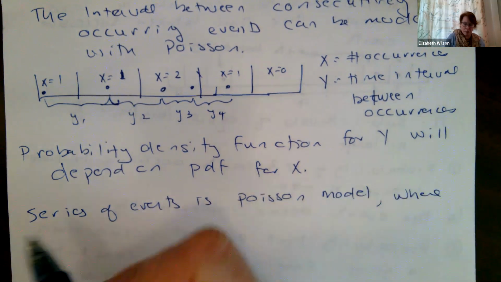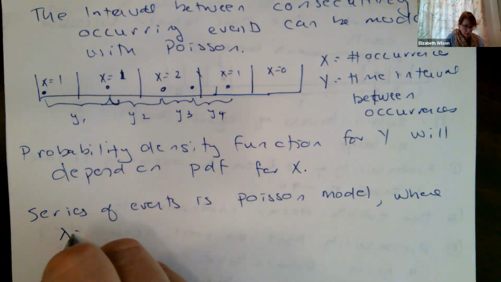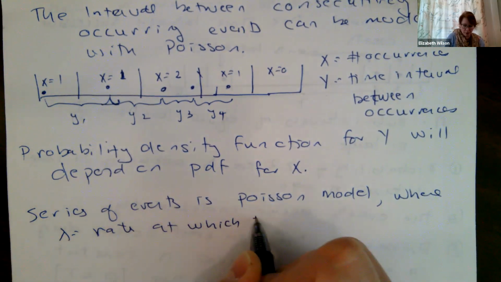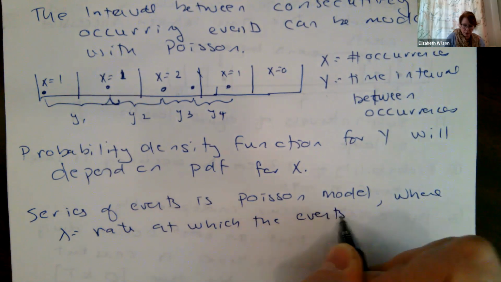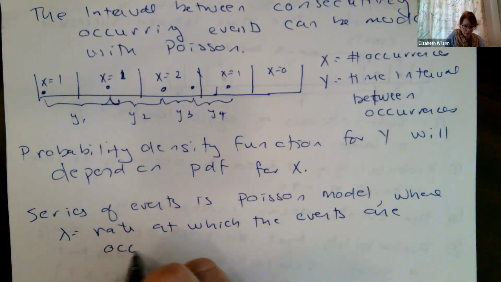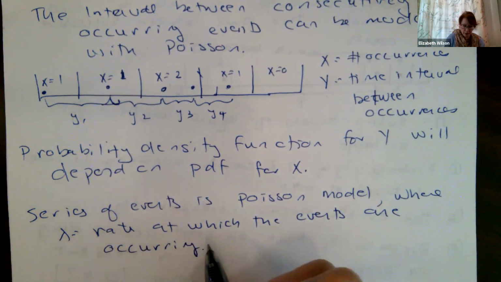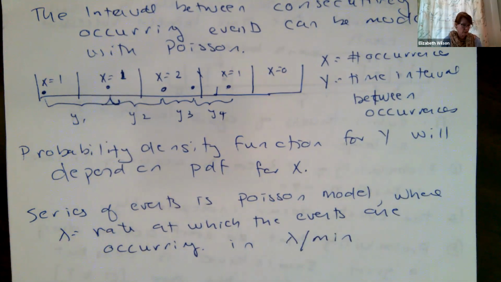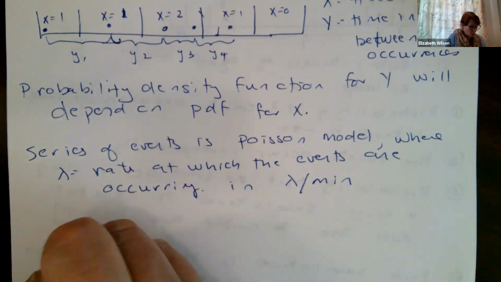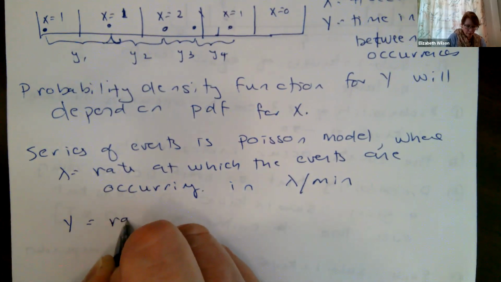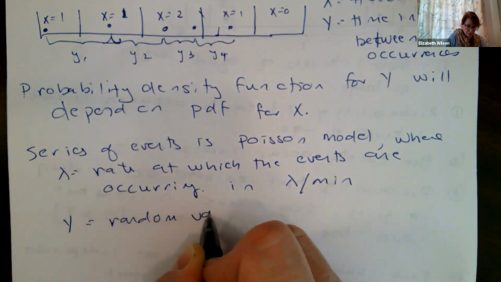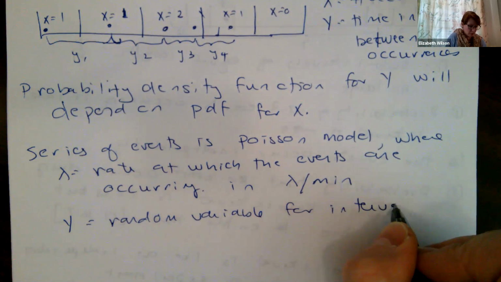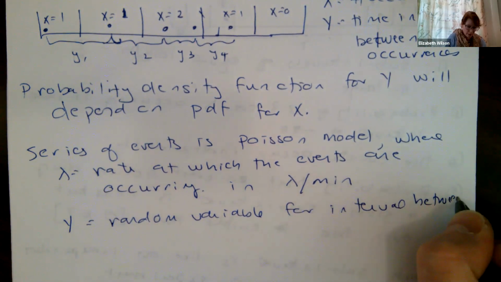And then we're going to specify what our properties are. So lambda is the rate at which the events are occurring, right? And this would be in something like lambda per minute, say for example, okay? And then y is our random variable for the interval between consecutive events.